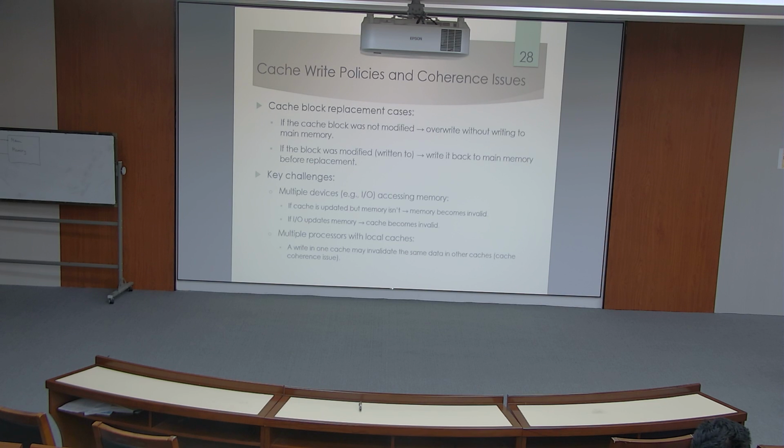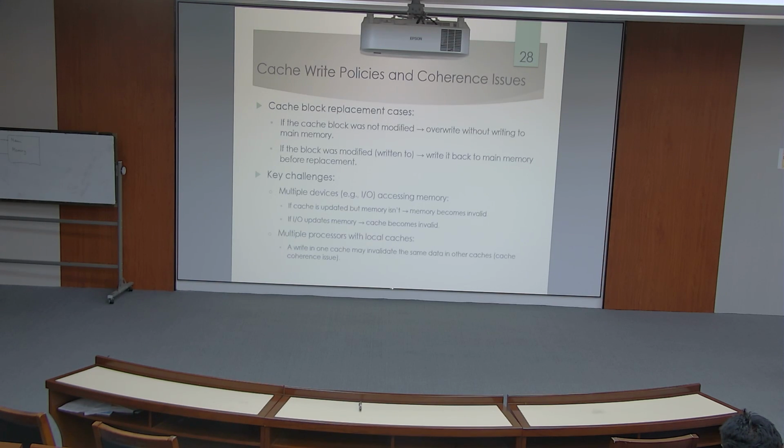Now, for cache block replacement, we have different cases. The cache block was not modified, so it can be overwritten without writing to the main memory, or the block was modified, which means it was written to, and it must be written back to the main memory before the replacement.